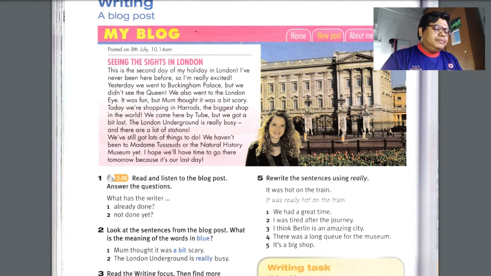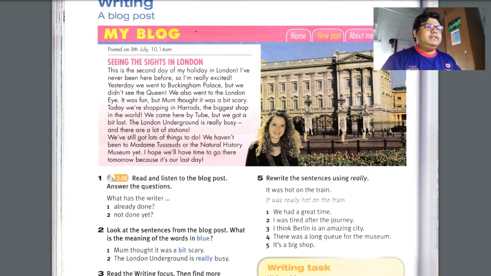So, things that the writer has not done yet. Okay, things that the writer has not done yet. Number one, shopping in Harrods. The writer has not finished shopping in Harrods. Okay, so belum selesai.